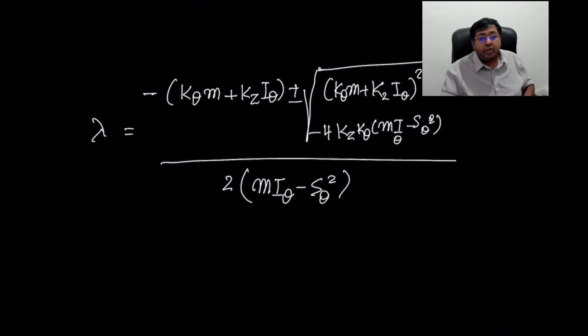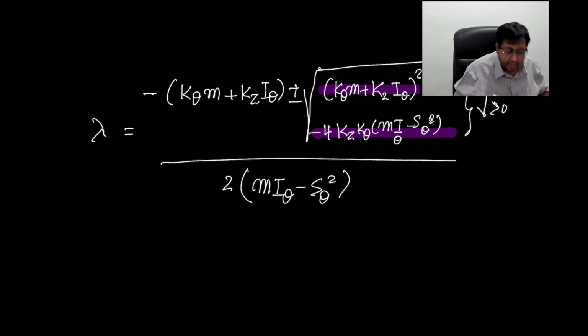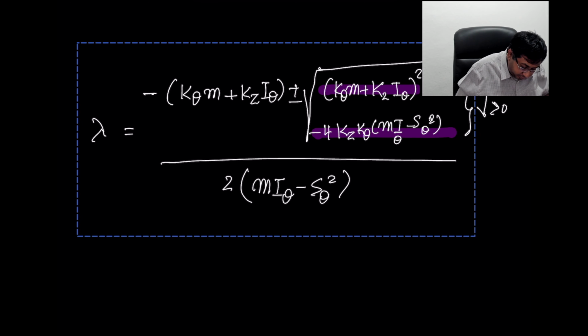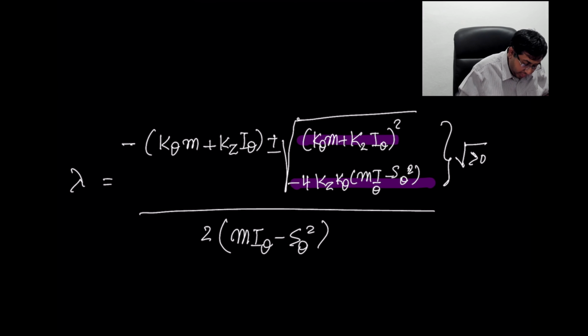Okay, so let's look at each of these terms. We know that the term inside the square root is always greater than 0, right? And then the term outside is always greater than the term inside.